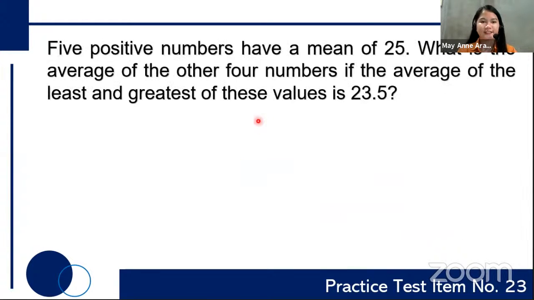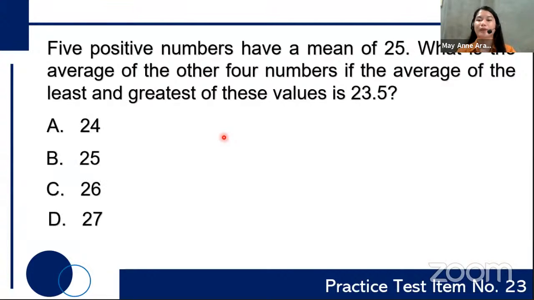Okay, next. 5 positive numbers have a mean of 25. What is the average of the other 4 numbers if the average of the least and greatest of these values is 23.5? We have A, 24, B, 25, C, 26, and D, 27.